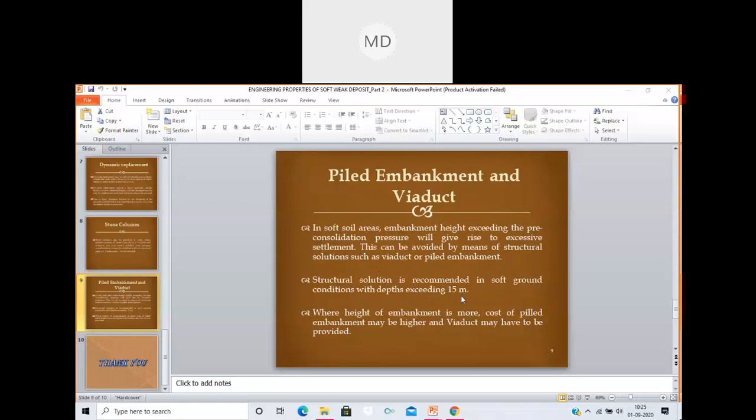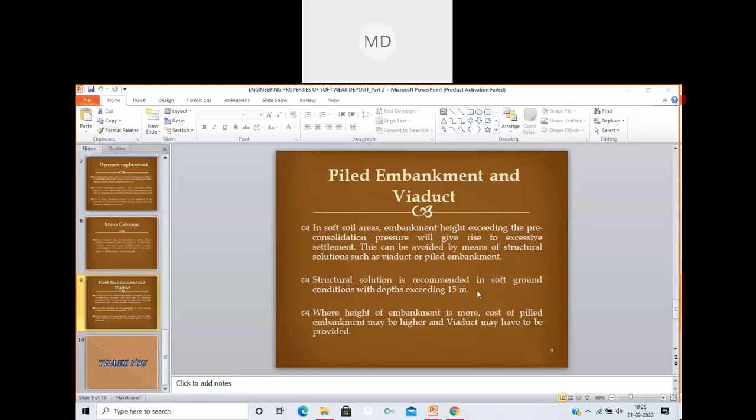See, we can use compaction, dynamic compaction, replacement only up to certain depth, if the depth of this soft deposit is limited. But if the depth exceeds 15 meter, those solutions like improving the soil by application of surface compaction, dynamic compaction, preloading, these are the methods to improve the quality of the soil.